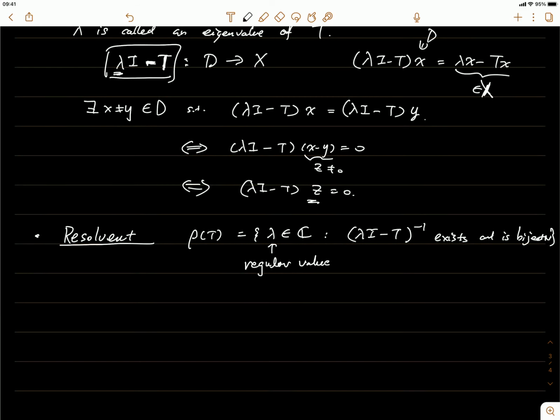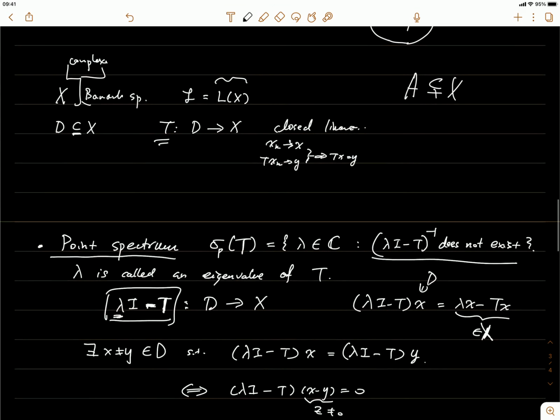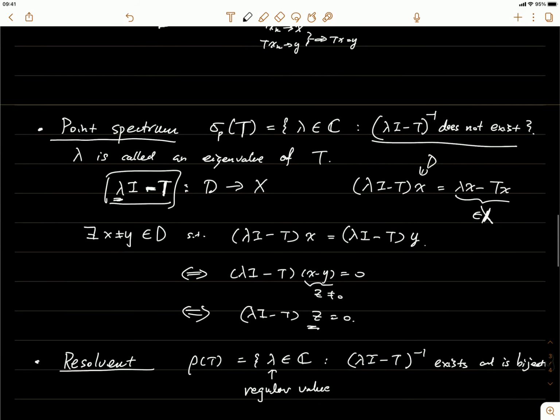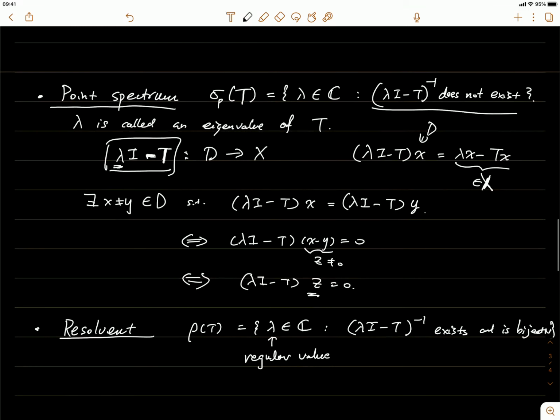If it's a finite dimensional case, if X is finite dimensional and T is just a mapping from D to X, then a complex value lambda is either in the point spectrum or in the resolvent. Like in the matrix case, a complex value is either an eigenvalue or not an eigenvalue.